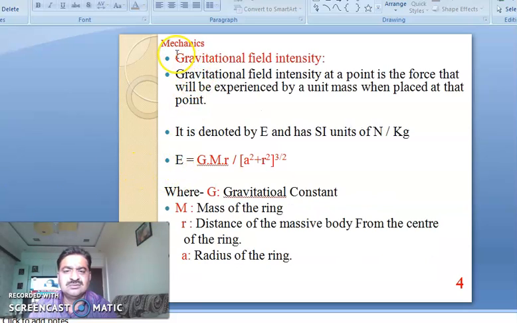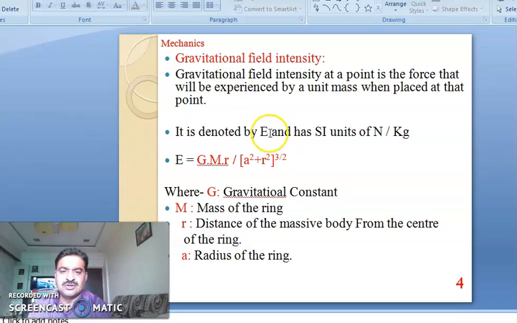Now let us turn to gravitational field intensity. Gravitational field intensity at a point is the force that will be experienced by a unit mass when placed at that point.